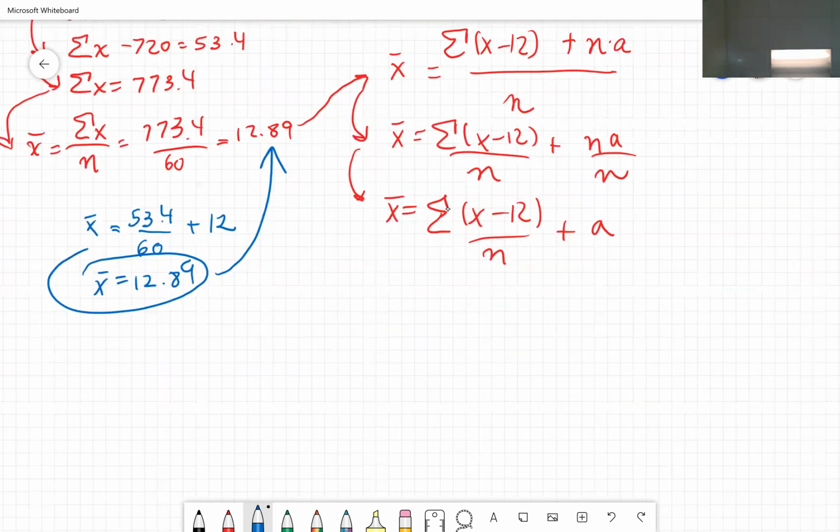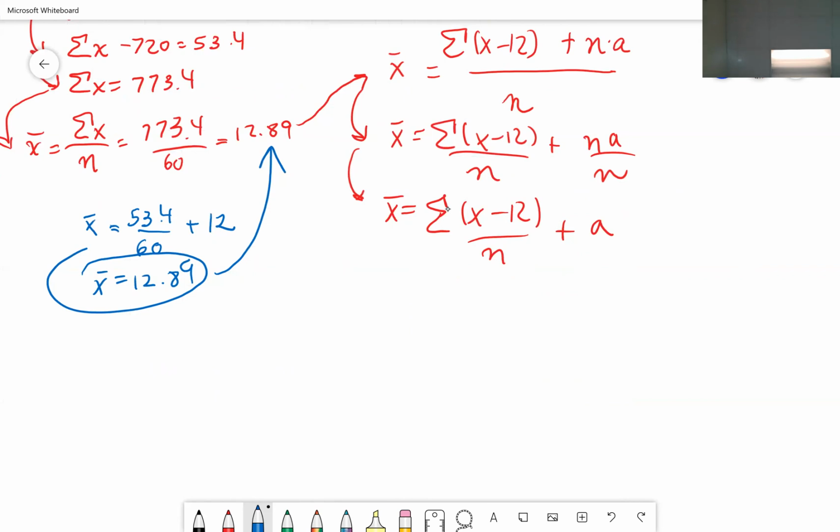So in general, let me write the formula down because it is in the book, and we wrote it in last class's notes. X bar thus equals the sum of x minus a divided by n plus a. Ta-da! Now there's a second part to this question.